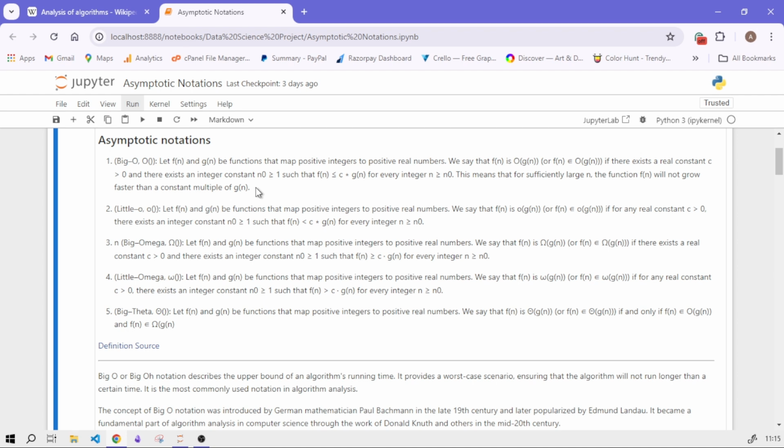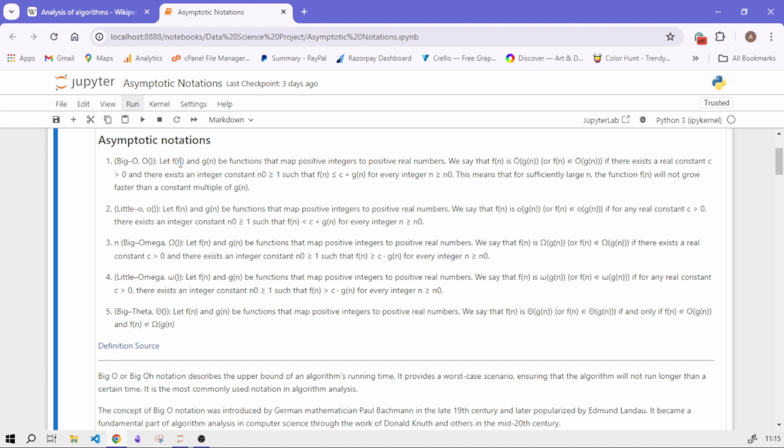If we have a function f(n) and another function g(n), let f(n) and g(n) be functions that map positive integers to positive real numbers. Let's forget this part so that we do not get confused with the whole definition.